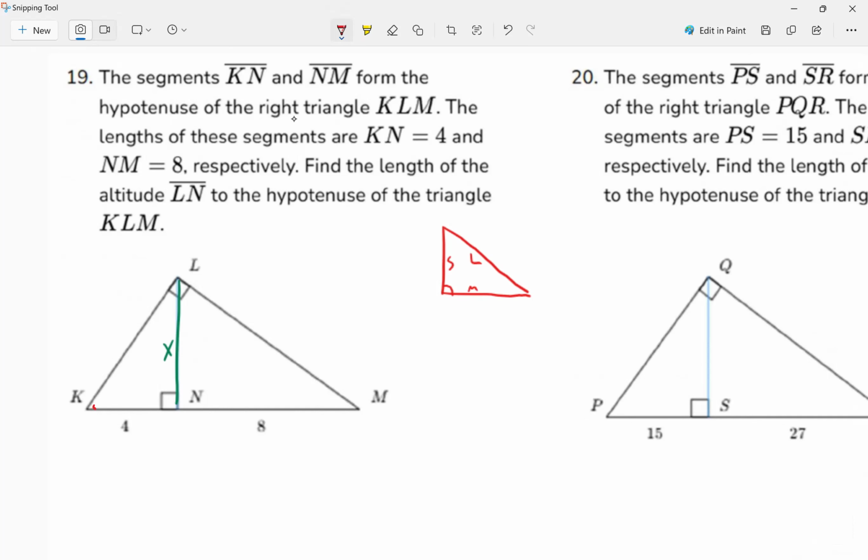My small side is 4. The medium side is X, and I don't know the large side.